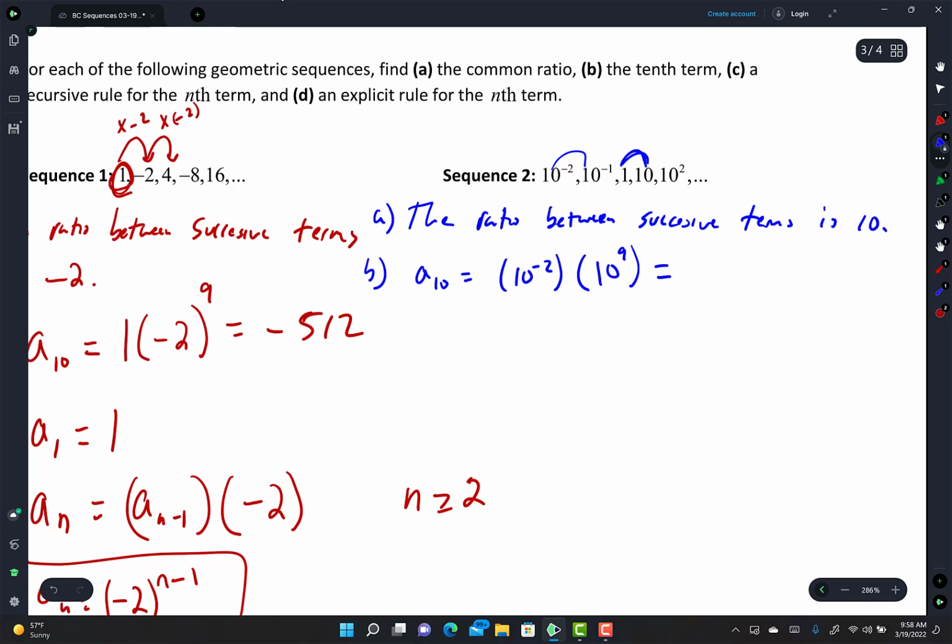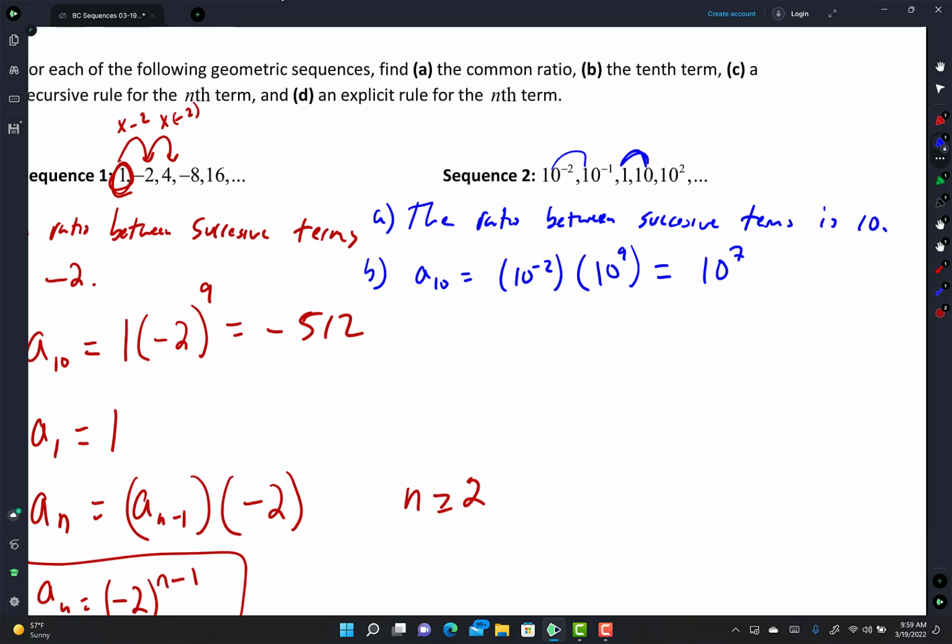Why? You already did the first one, and then every single term you're going times 10 times 10 times 10. So I'm going to do it 9 more times after the first one. So there it is. And then you just add up your exponents, laws of exponents. So that's 10 to the 7th.